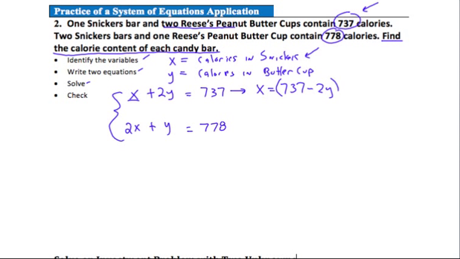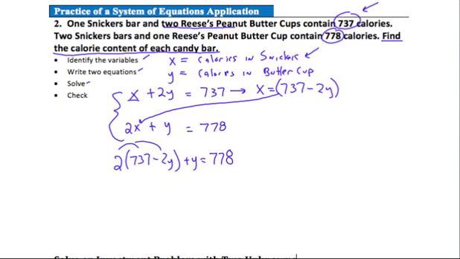Now I'm going to take this quantity, substitute it into the next equation down here for x. So then it would look like this: 2 times 737 minus 2y, plus y equals this 778. All right, I distribute the 2. So when I distribute the 2, I get 1474 minus 4y plus y equals 778.